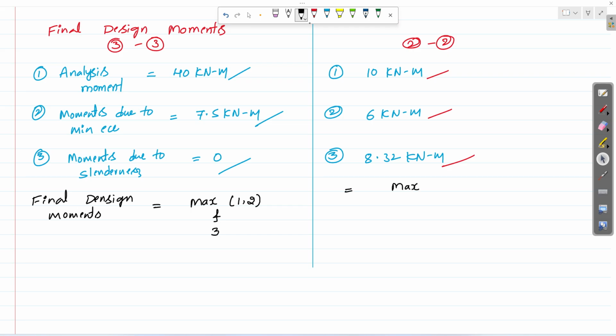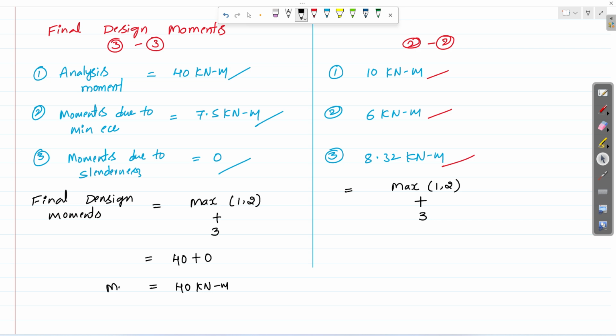Final design moment maximum of 1 and 2 plus 3. So maximum of 1 and 2, maximum is 40, plus 3 is 0. So your design moment remains 40 kilonewton meter.